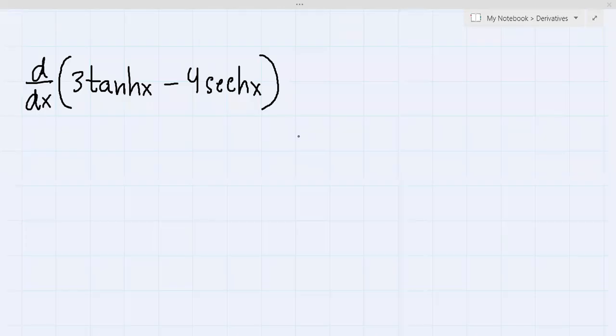Now for our next example, we will get the derivative of 3 tangent hx or hyperbolic tangent x minus 4 secant hx or hyperbolic secant x. So once again, according nga sa sum and difference rule of differentiation, we're going to differentiate each of these functions that are separated by addition or subtraction operation.